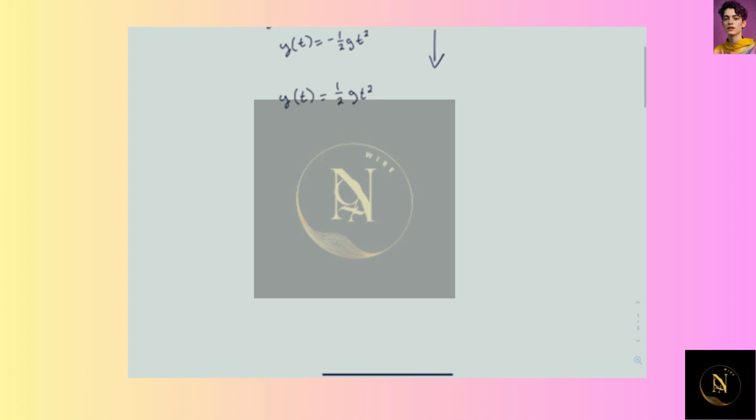So y of 1 is 1/2 g times 1 squared, which is just 1/2 g. And to make it easier, I'm going to call this k, and k is the distance it travels in the first second. And if we plug in 2, we get 1/2 g times 2 squared, which equals, let's see, this is 4.